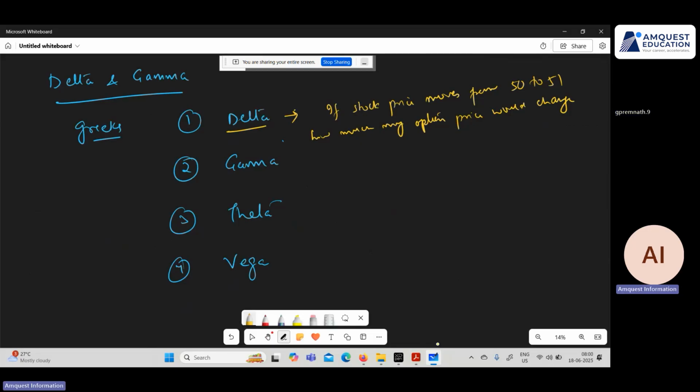To keep it simple, ultimately, think about this as very realistic, and gamma is not so realistic to be honest, but at least theta, vega, and delta are very much realistic.